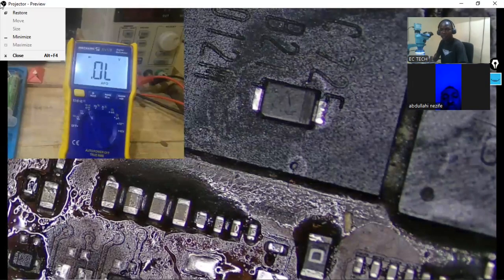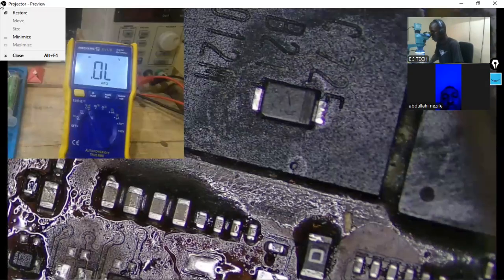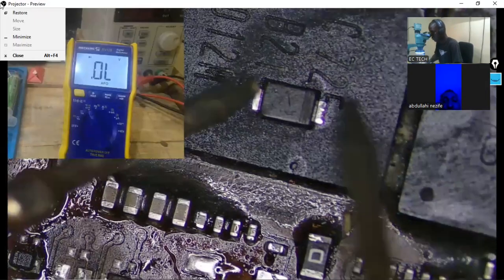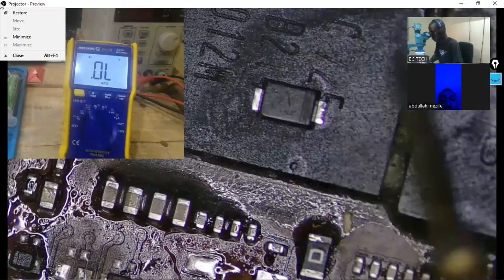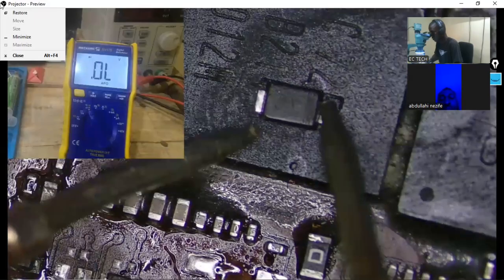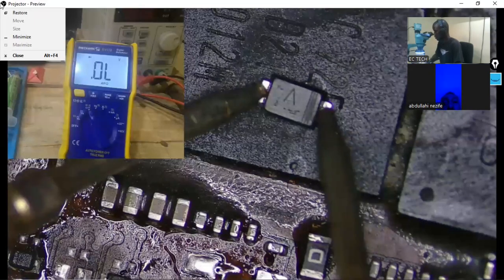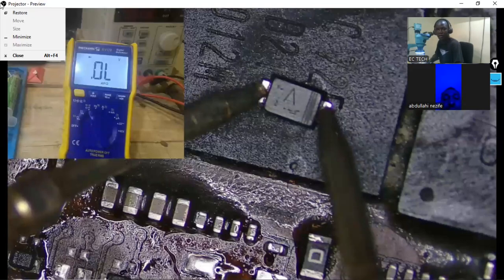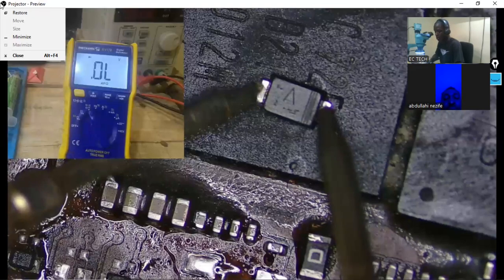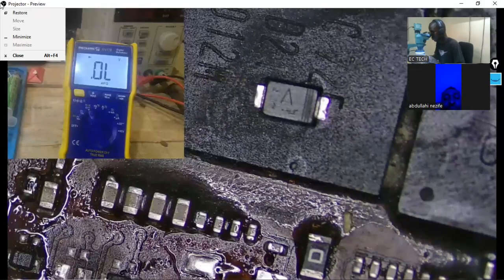So now let's check again. Let's just check directly, both forward reading and reverse reading. So let's check this forward. Okay, so now no reading, right? Yeah. Let me interchange the probe.